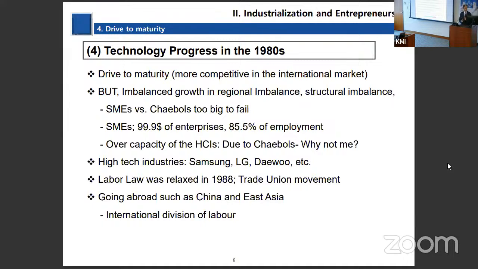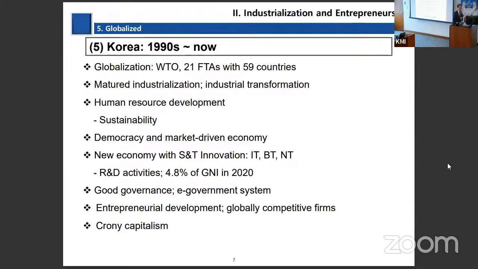When you have a very strong trade union, big companies try to find a place where they can produce cheaper, and China was a good target market for Korean investment.